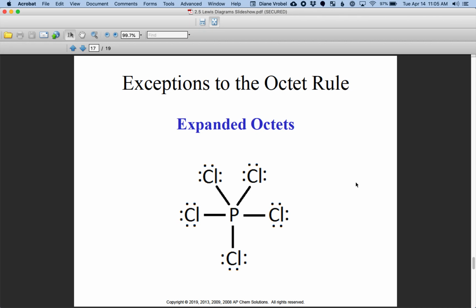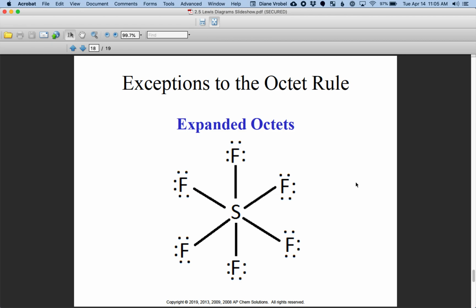But please remember that chlorine is actually more electronegative, and it's not as good at sharing electrons, whereas phosphorus is much better at sharing electrons. So that's why it's going to be a central atom. And as a result, phosphorus, because it's in the third energy level, has access to d orbitals. So it could actually accept more electrons than most atoms. So as a result, it has 10 electrons as a central atom.